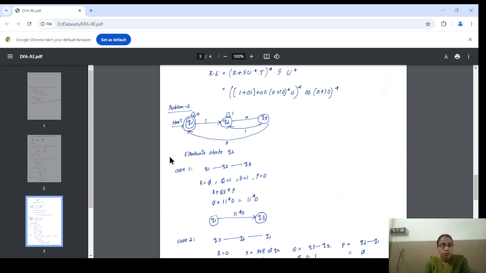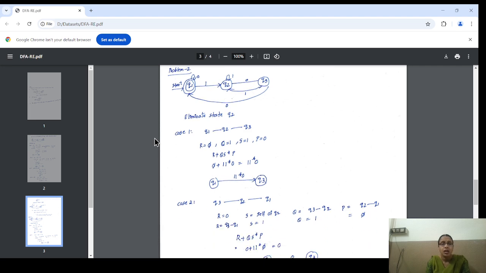In Q2 means there is no direct path from Q1 to Q3. So the R value is 5. So putting all these values in the formula, R equal to 5, Q equal to 1, S equal to 1, and P equal to 0, we get the solution 5 plus 1 into 1 star into 0, which means 1 into 1 star 0. For Q1 to Q3, the value we got is 1 into 1 star into 0.